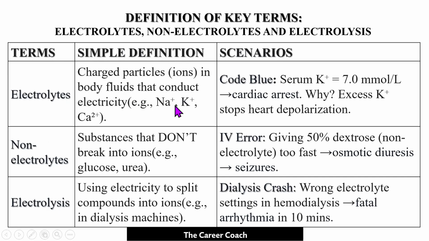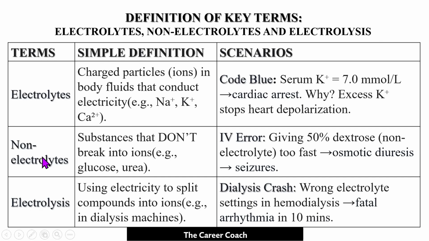Examples are sodium ion, potassium ion, and of course calcium ion. Here is a very important nursing scenario. Serum potassium equal to 7.0 millimole per liter could lead to cardiac arrest. Why? Because excess potassium can stop heart depolarization.